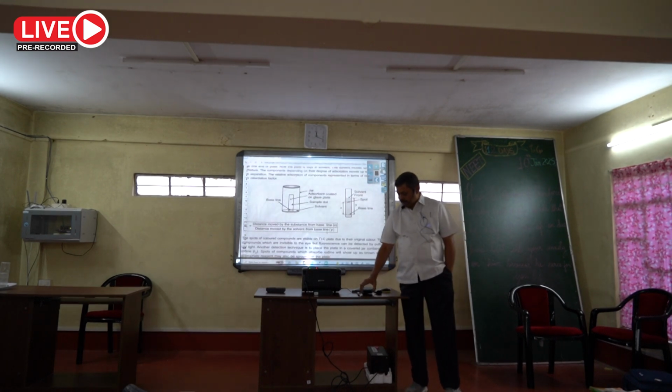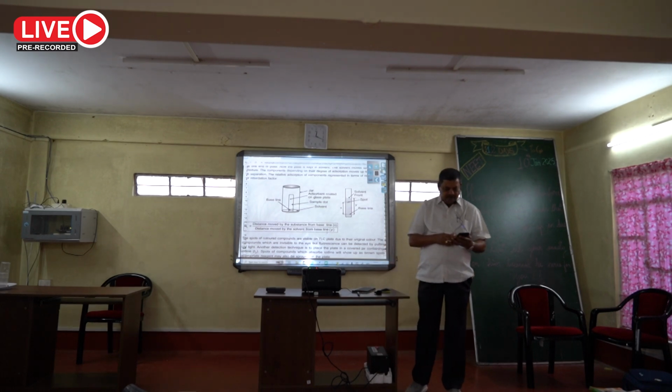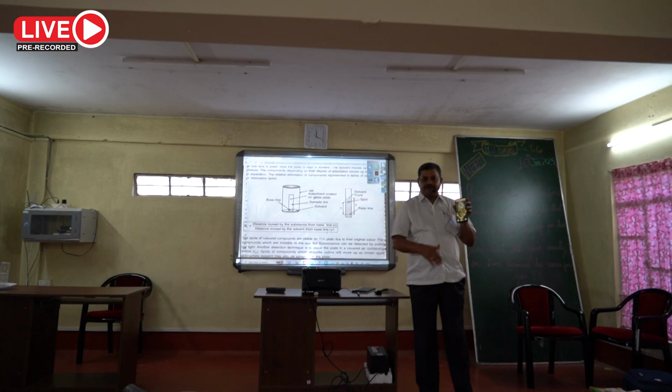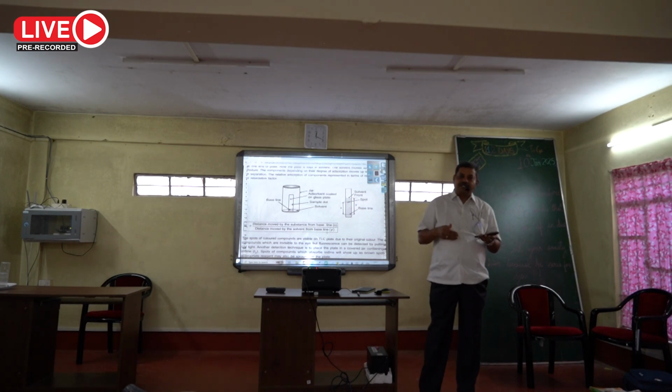Okay, I will explain like this. Let us say this is a TLC plate. A glass plate will be there. This plate is coated with a suitable adsorbent like silica gel or anhydrous alumina.